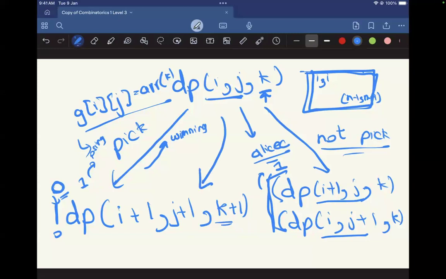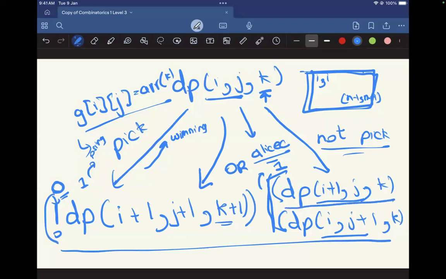So I can say that dp of ijk is equal to the bitwise OR of all these three elements: dp of i plus 1 j plus 1 k plus 1, and dp i plus 1 j k, and dp i comma j plus 1 k. Is this clear, guys? Because when I'm going to the subgrid exploring the kth element, it is still that person's chance.